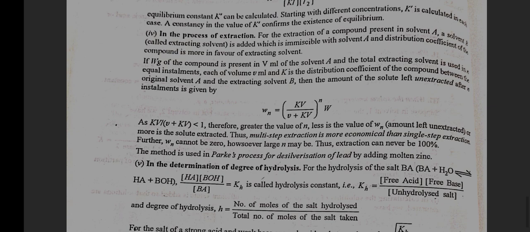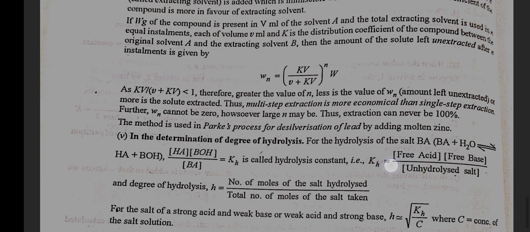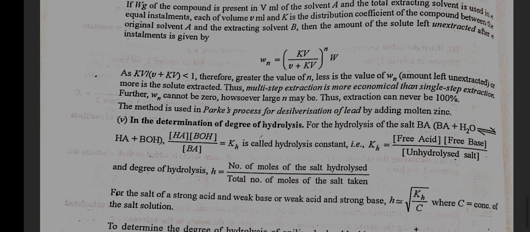If W gram of the compound is present in V ml of the solvent A and the total extracting solvent is used in n equal installments, each of volume v ml, and K is the distribution coefficient of the compound between the original solvent A and the extracting solvent B, then the amount of solute left unextracted after n installments is given by Wn is equal to (KV divided by (v plus KV)) raised to power n into W.